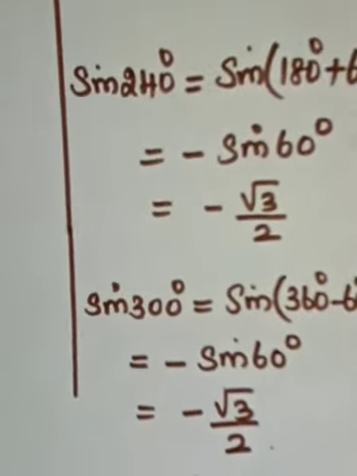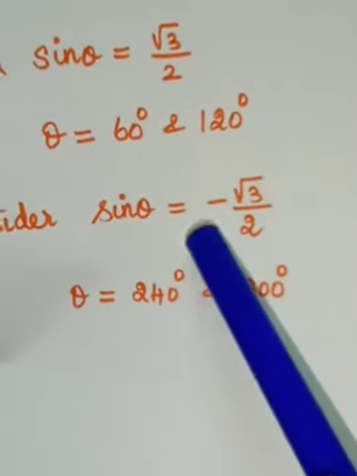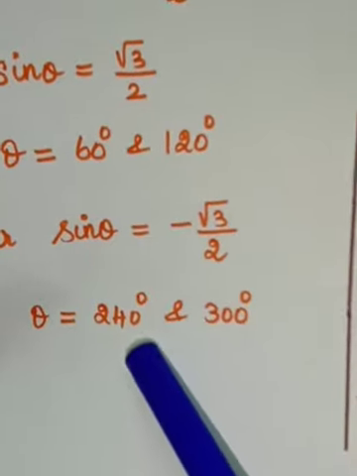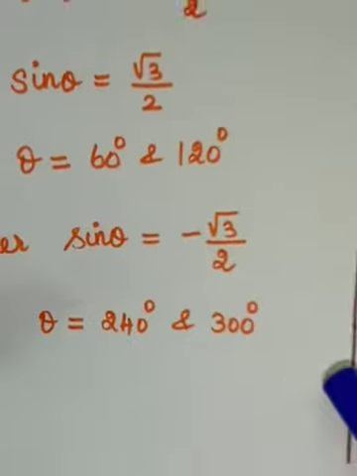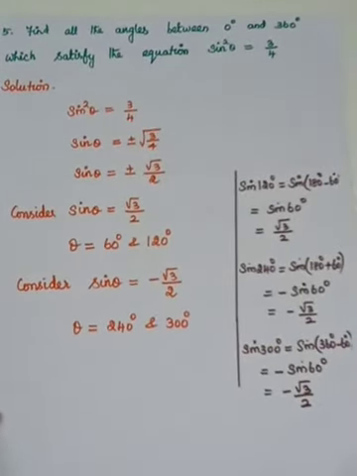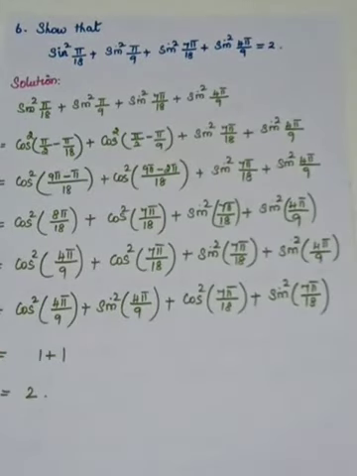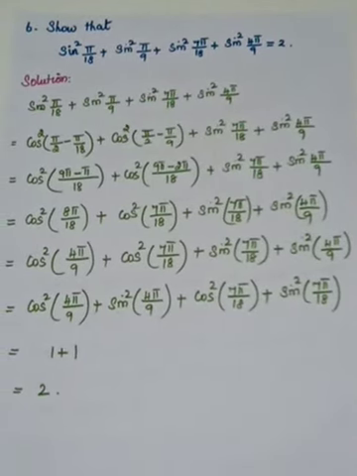So the value is minus root 3 by 2. So therefore, sin theta is equal to minus root 3 by 2 means your theta is equal to 240 degree and 300 degree. So these four angles lie between 0 to 360 degree.